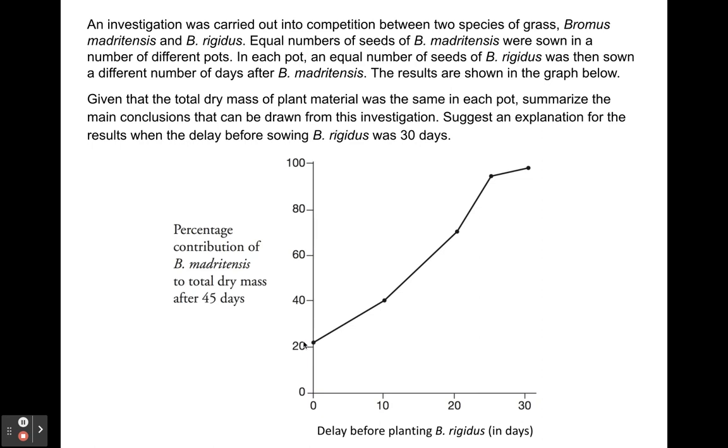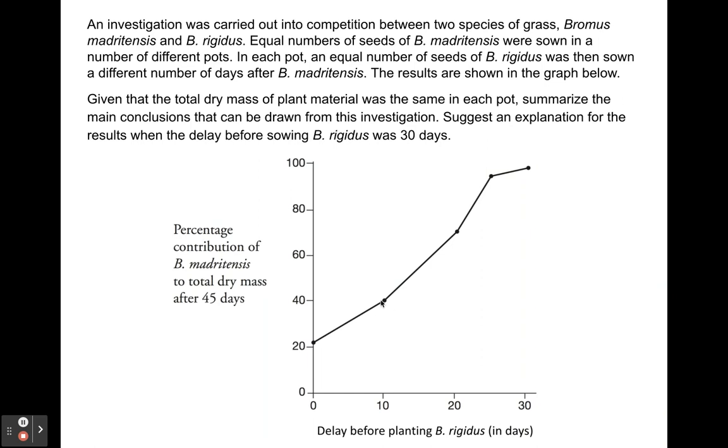And the answer in this first group is the rigidus. About almost 80% of the final dry mass would be the rigidus species, where only a little over 20% is madritensis. So in the first group, rigidus wins the competition.